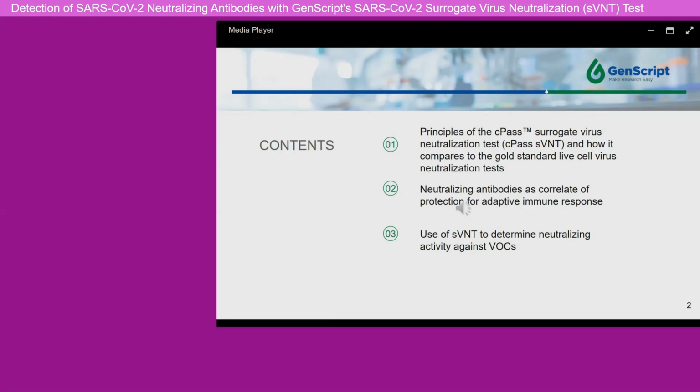The first is going to be principles of the CPAS surrogate virus neutralization test, otherwise known as the CPAS sVNT, and how it compares to the gold standard live cell virus neutralization test. The second being neutralizing antibodies as correlate of protection for adaptive immune response, and the last one using the sVNT to determine neutralizing activity against the variants of concern.